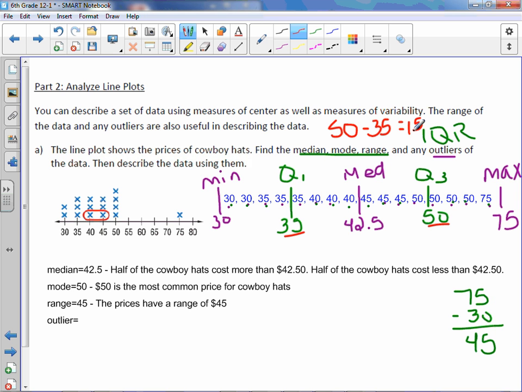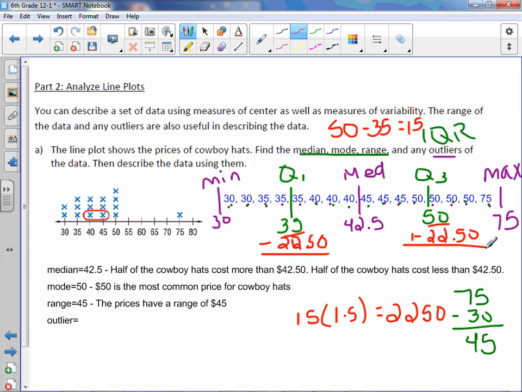So what we do with that 15 is we multiply it by 1.5, which gives us 22.50. We're going to subtract 22.50 from our first quartile, and add 22.50 to our third quartile.